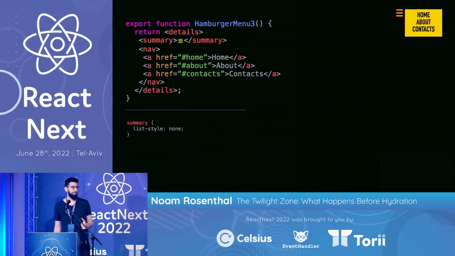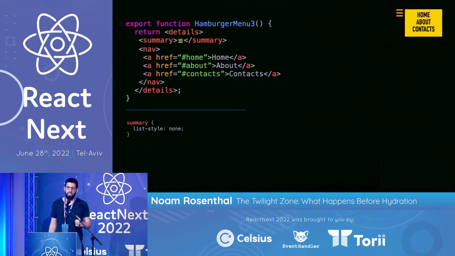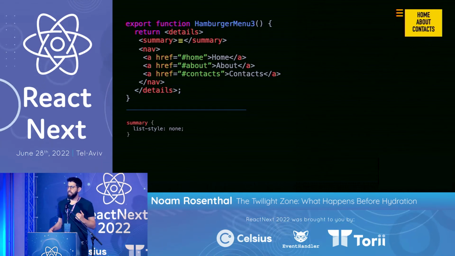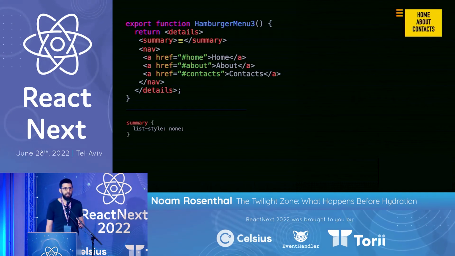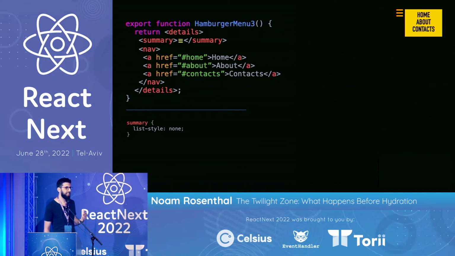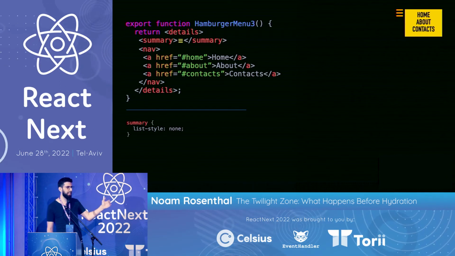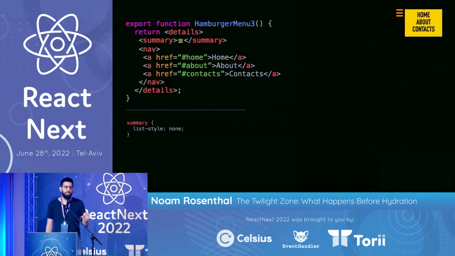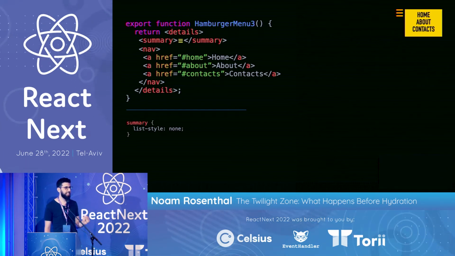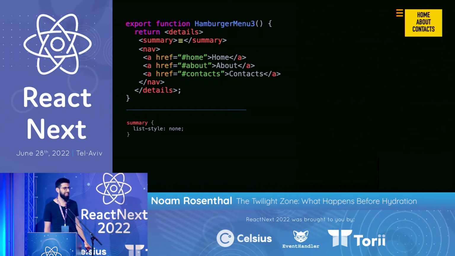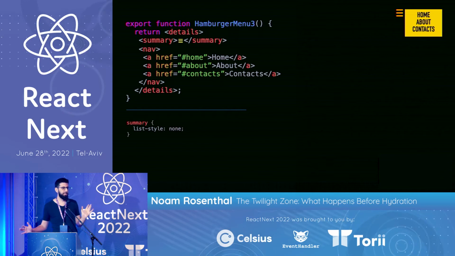Details and summary. Details is a not so new HTML element that has one function. It has an internal summary element, and everything else is hidden until you click the summary, and it gets hidden again when you click the summary again. That's what details and summary do.